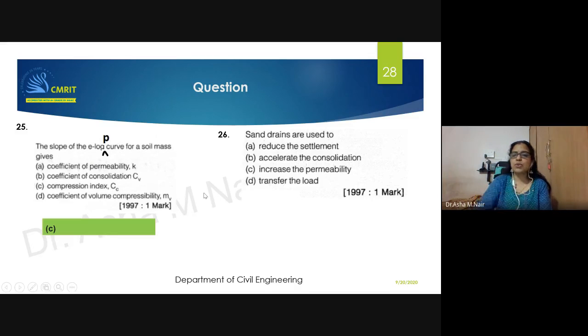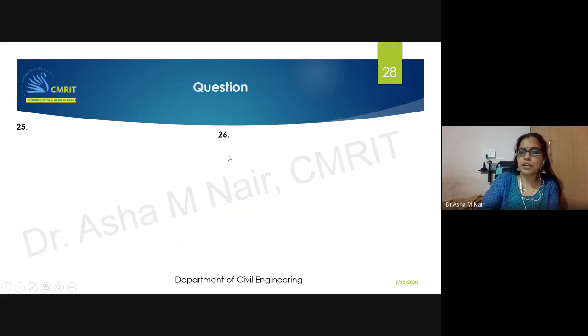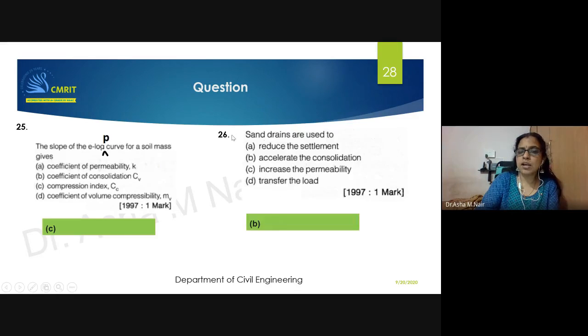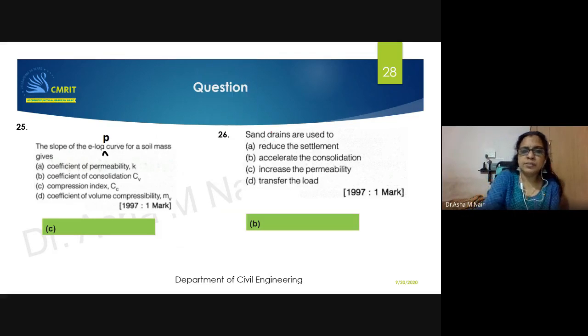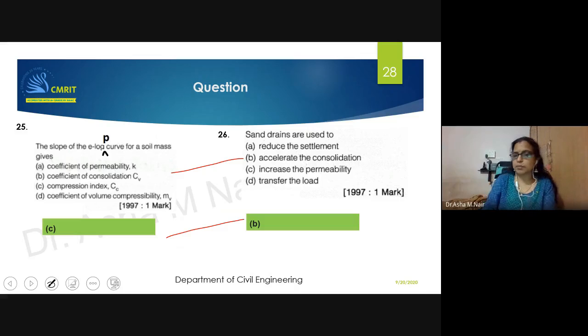Sand drains are used to... It's again a one marker question. So what is it used for? It's basically used to accelerate the consolidation. How does it function? Suppose this is an embankment. You found out that this has more amount of water. So what are we going to do?